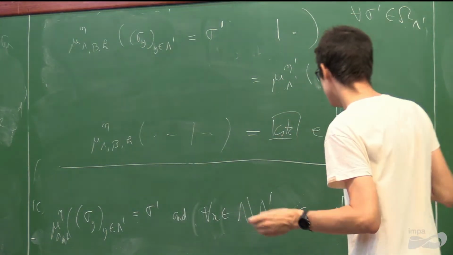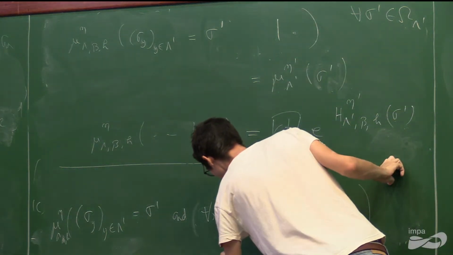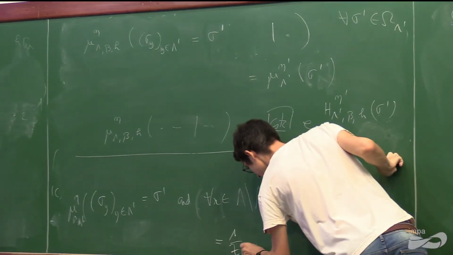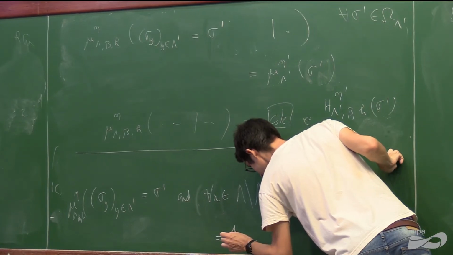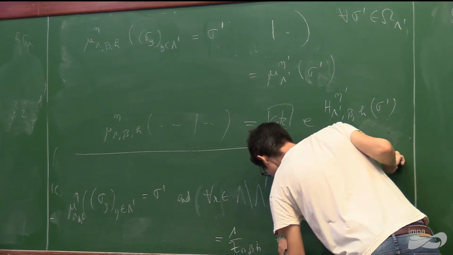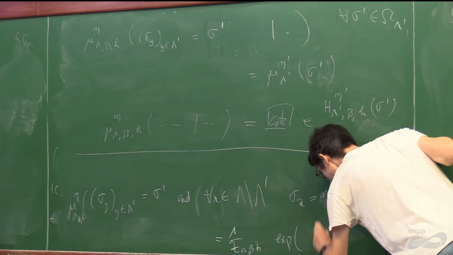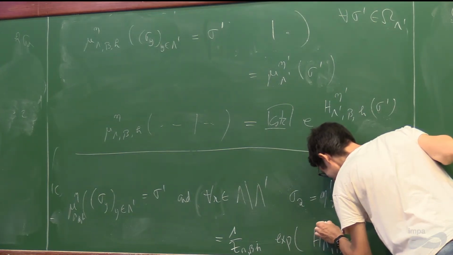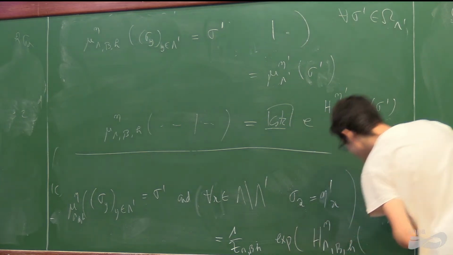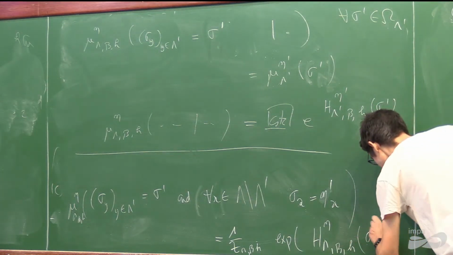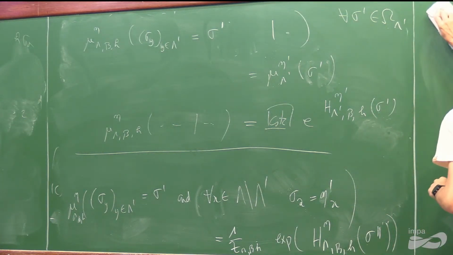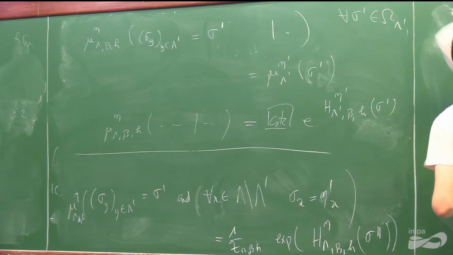So this thing is equal to 1 over z lambda beta h times exponential of h lambda beta h eta, and here I have a configuration called sigma second.